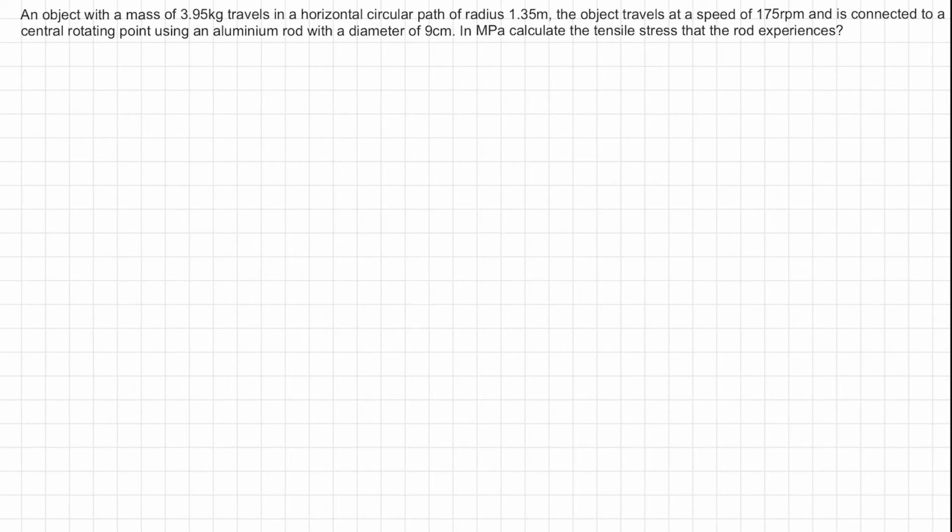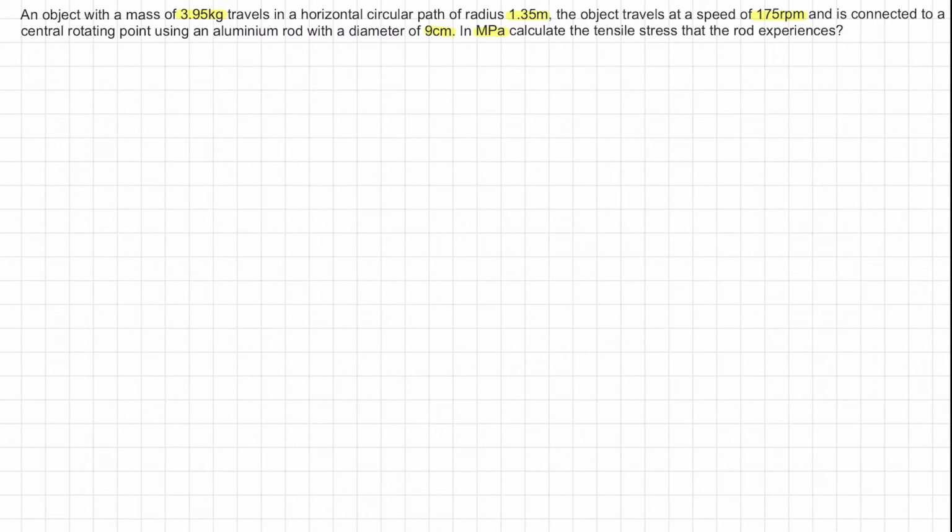So before we do anything, it's going to be important to highlight all the key facts and figures, if you will. So that will be the mass, which is 3.95 kilograms, the radius, which is 1.35 meters, the speed, which is 175 RPM, the diameter of the aluminium rod, which is 9 centimeters.